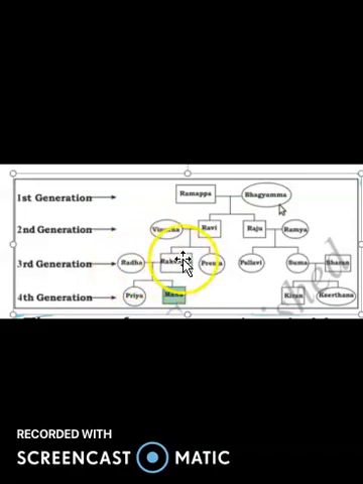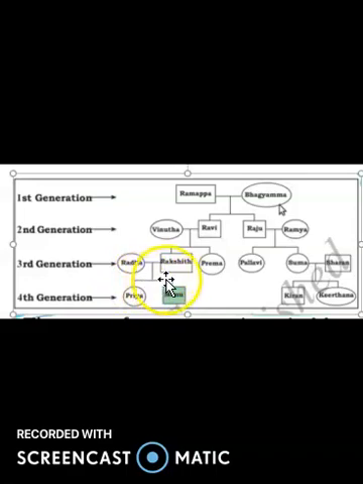Radha is from another home who has come to this home as a daughter-in-law. Understood? That is why they are not showing the line. But she is connected to Rakshit by wedlock.